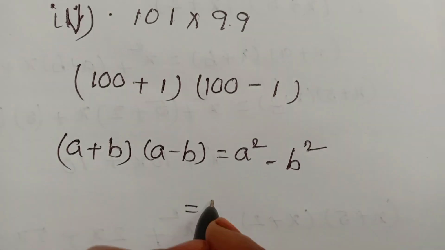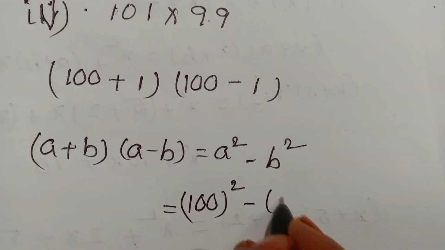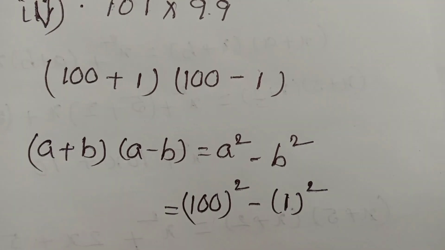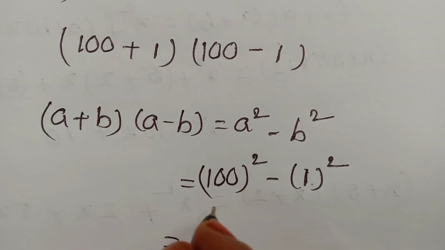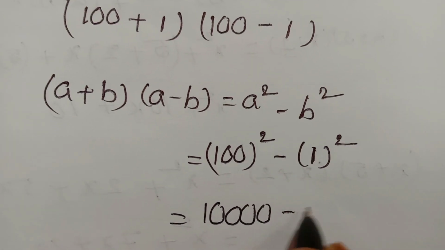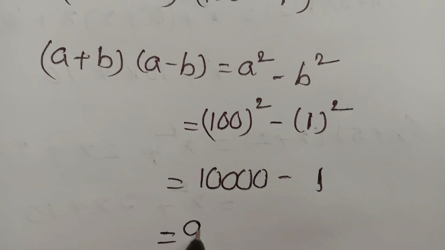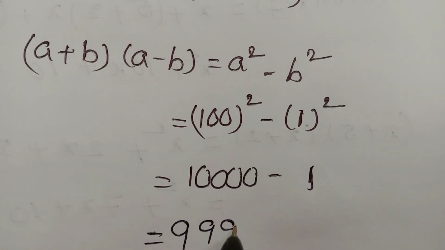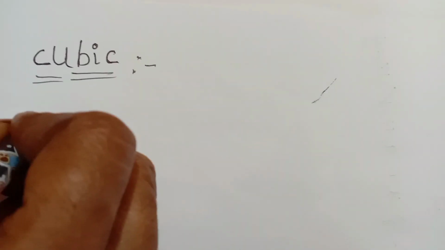A value is 100, 100 whole square minus b value is 1 whole square. 100 square means 100 into 100, 10,000, minus 1. 10,000 minus 1 is equal to 9,999.